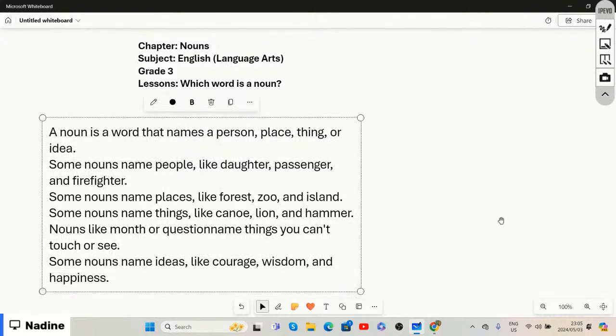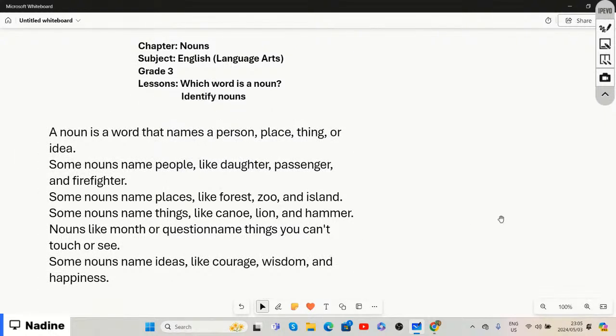So a noun, right? It's a word that names a person, names a place, a thing, or an idea, right?